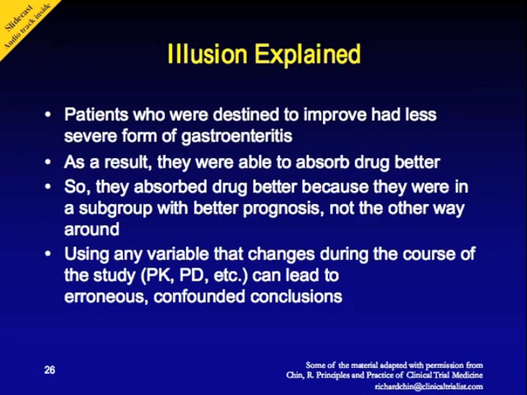And this is an example of why if you take a variable that occurs in the middle of the study, such as plasma level of the drug, and you try to correlate that with the outcome, that can really lead you astray. So the next example of subgroup analysis that can lead you wrong is completer analysis.